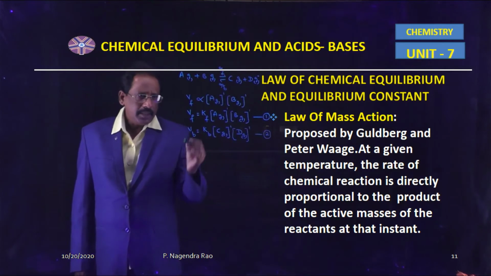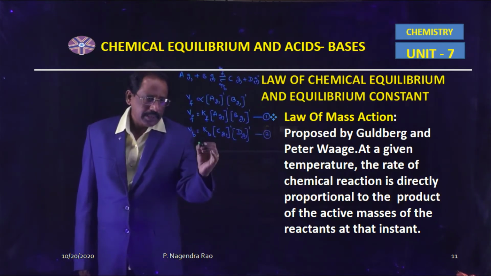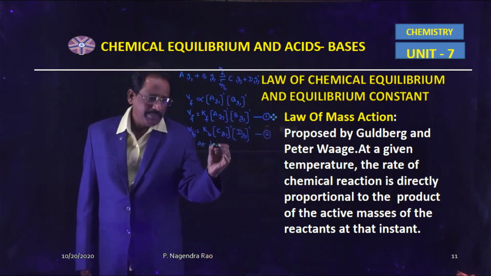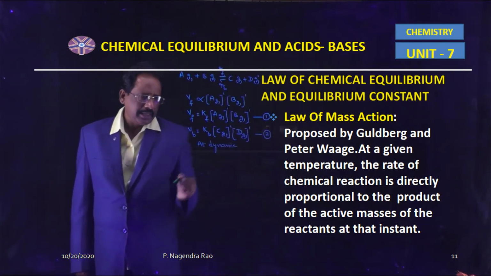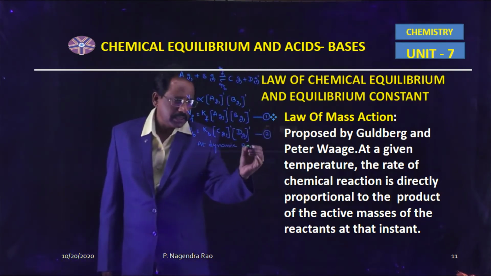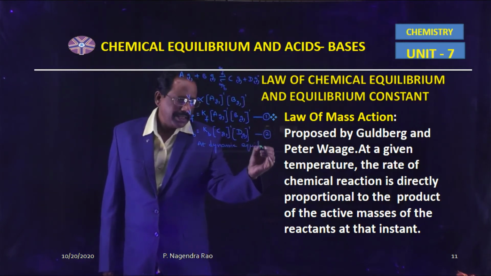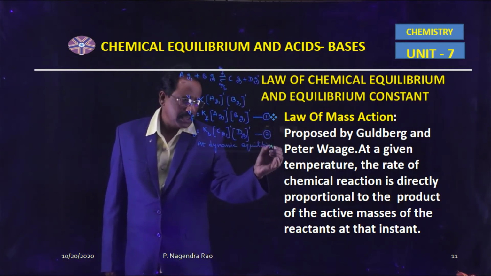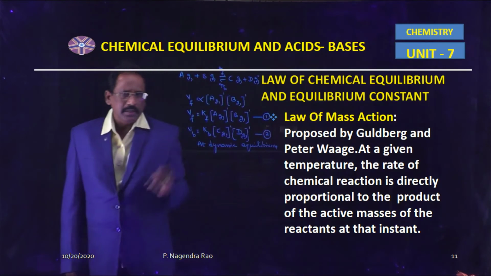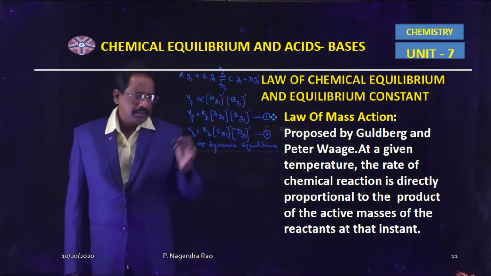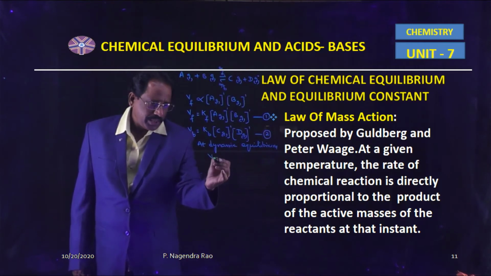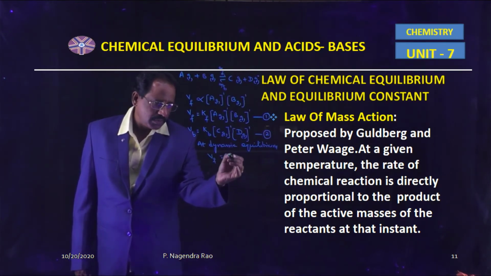At dynamic equilibrium, that means at the equilibrium state, if this system is in the equilibrium state, now Vf is equal to Vb.